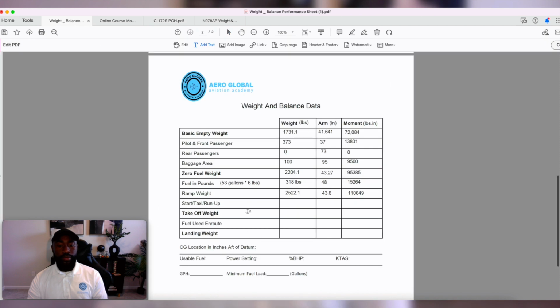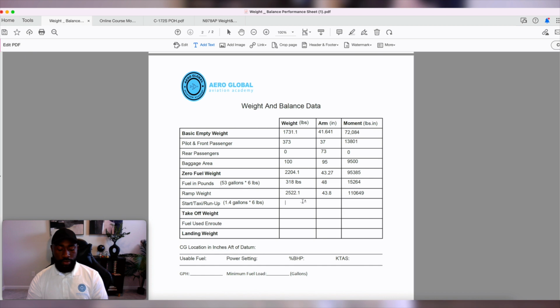So come back here, and just as usual, for anything that has to do with fuel, you can't just put the gallons here. So please pay attention. Make sure you use the conversion to get the fuel weight in pounds. So use 1.4 gallons and we'll multiply that by 6 pounds and see what we get.